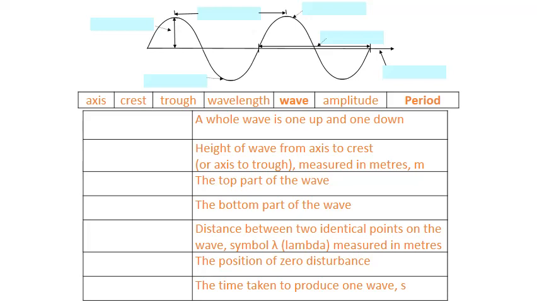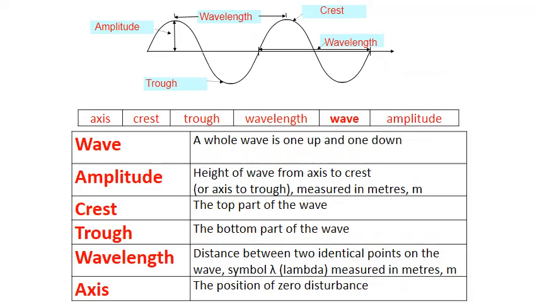You should also be able to match the descriptions to the labels. Here are the answers. The one that's missing from this is the period, the time taken for one wave that was on the previous slide.